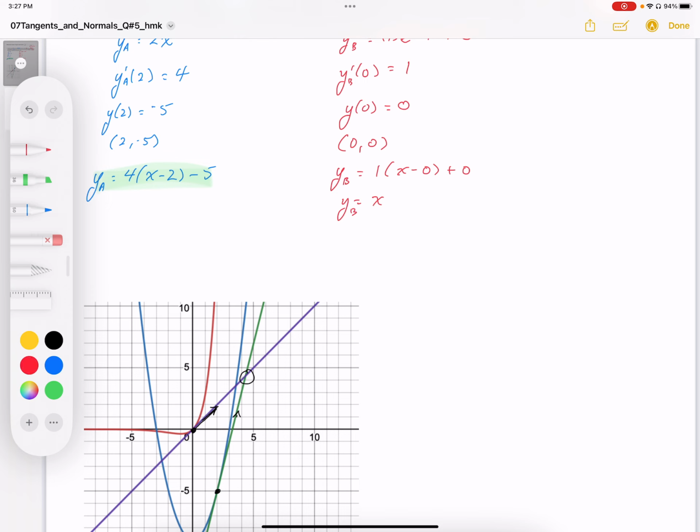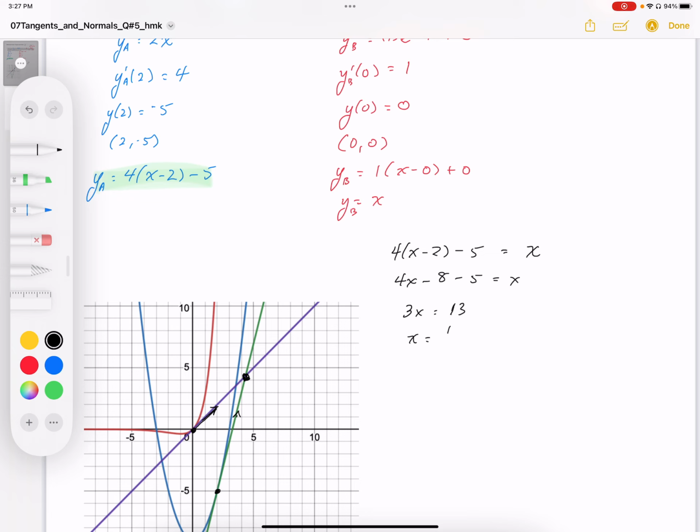Now to find the intersection point, that point right here, we make these two equations equal to each other. So I get 4(x minus 2) minus 5 is equal to x. That'll solve for the x value. So I end up with 4x minus 8 minus 5 equals x. 3x equals 13.